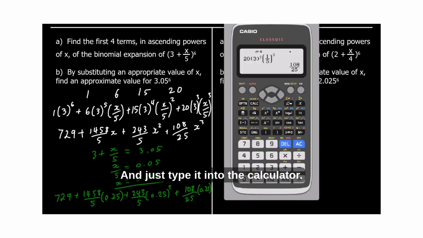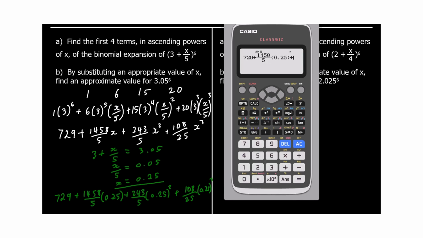And just type it into the calculator. So 729 plus 1,458 over 5 times 0.25 plus 243 over 5 times 0.25 squared plus 108 over 25 times 0.25 cubed.